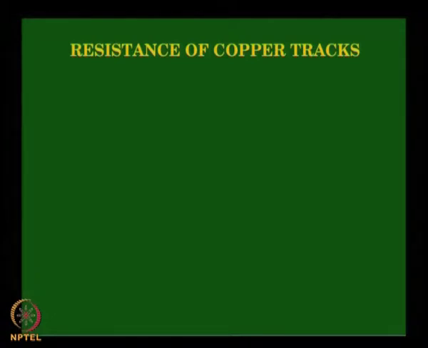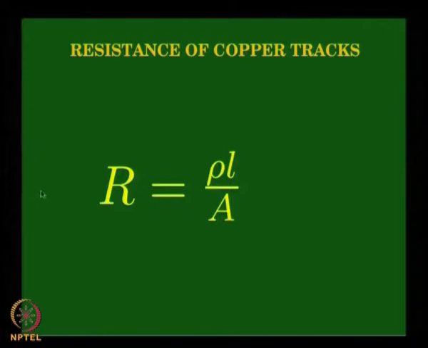Now, here if you see, the resistance R is given by rho L by A, where rho, the Greek symbol rho, is called the resistivity. It has a unit ohm meter. And then you have the length L, as I was just mentioning before.